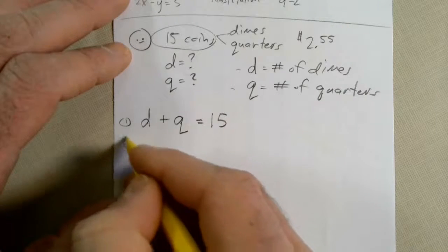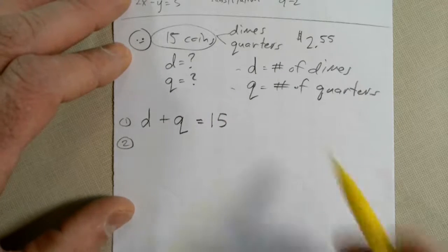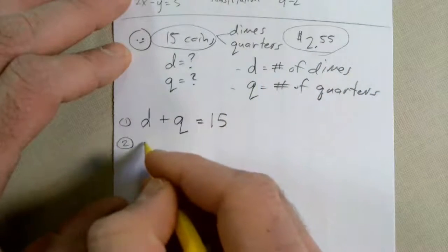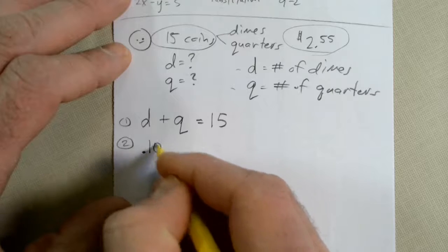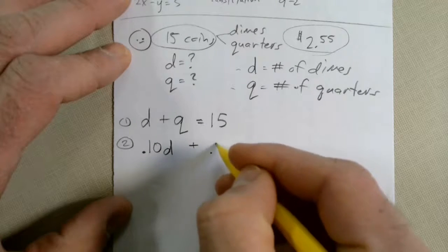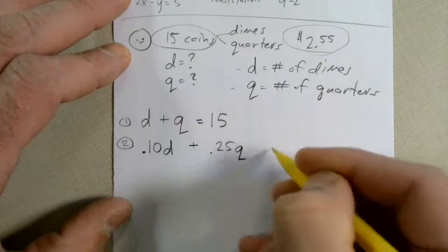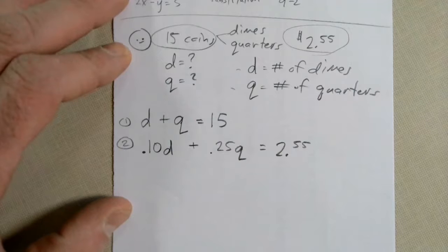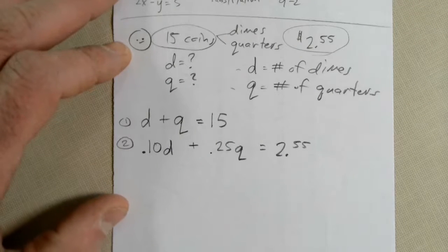Equation number two is related to the total. So the dimes are 10 cents each, 10 cents for every dime, and 25 cents for every quarter. And together, that should equal $2.55. I've got two equations with two variables.